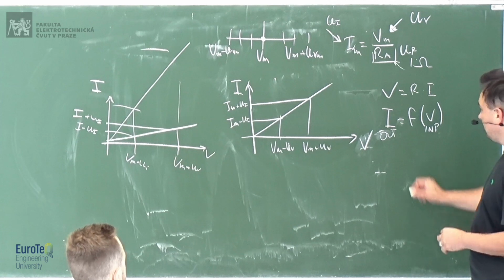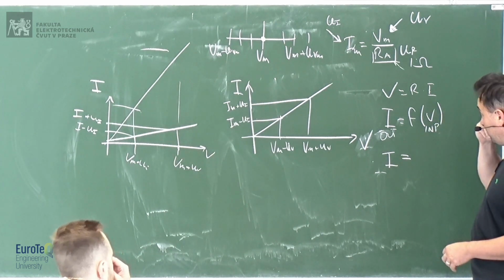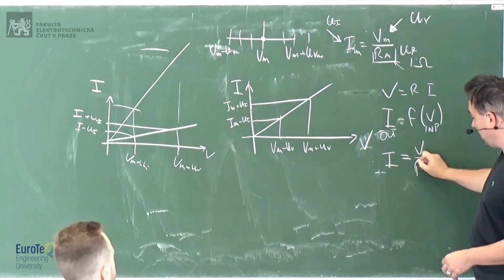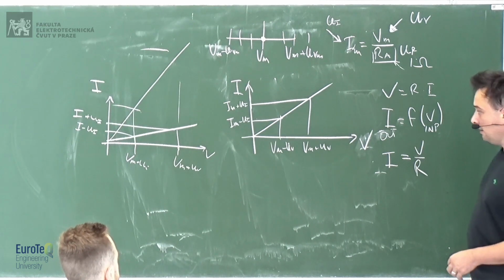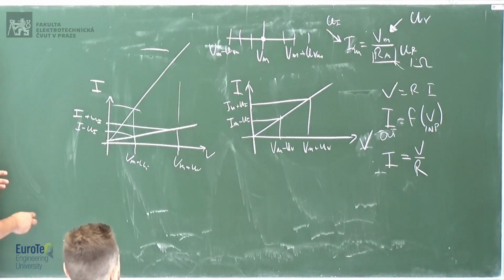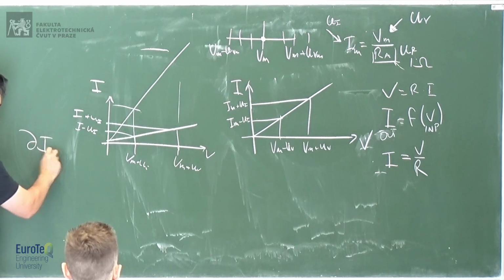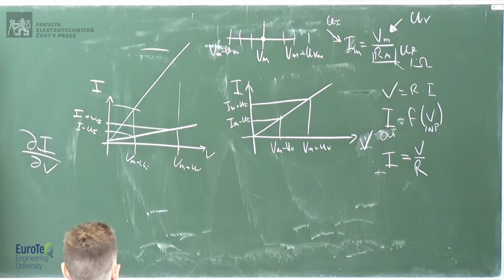In this case, the function is the voltage divided by R. And then how do you calculate the slope? You have to calculate the slope of I with respect to V, which is 1 over R.